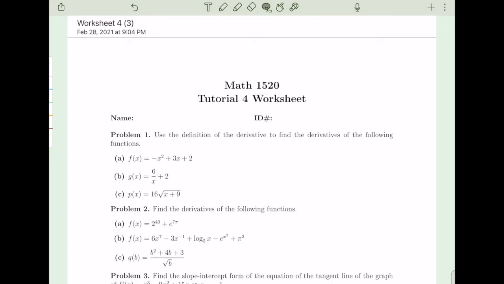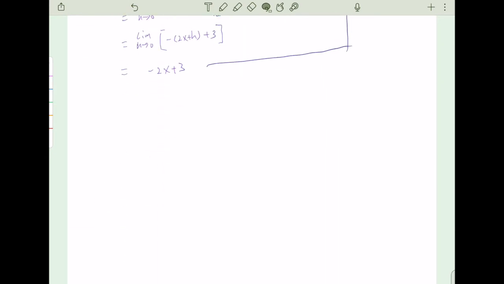Now take a look at question B. Do it in the exact same way, starting with the limit expression. Limit as h goes to 0 of g of x plus h minus g of x divided by h.